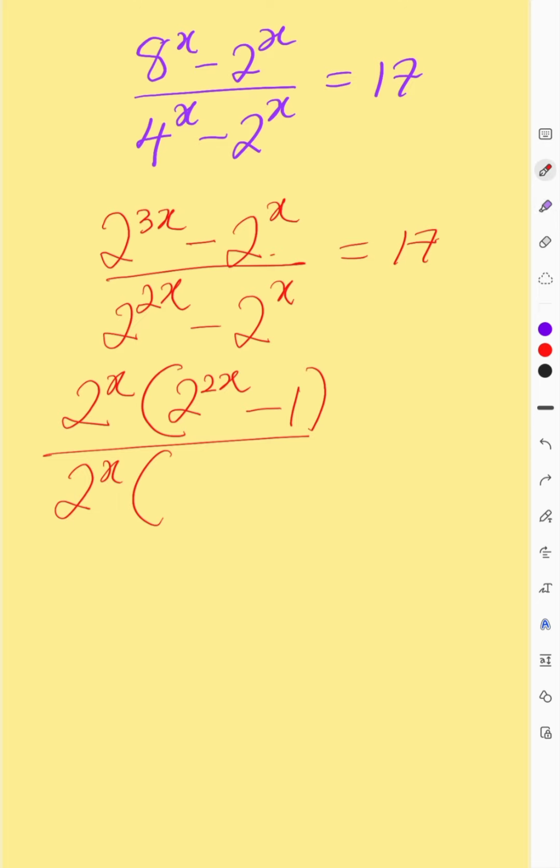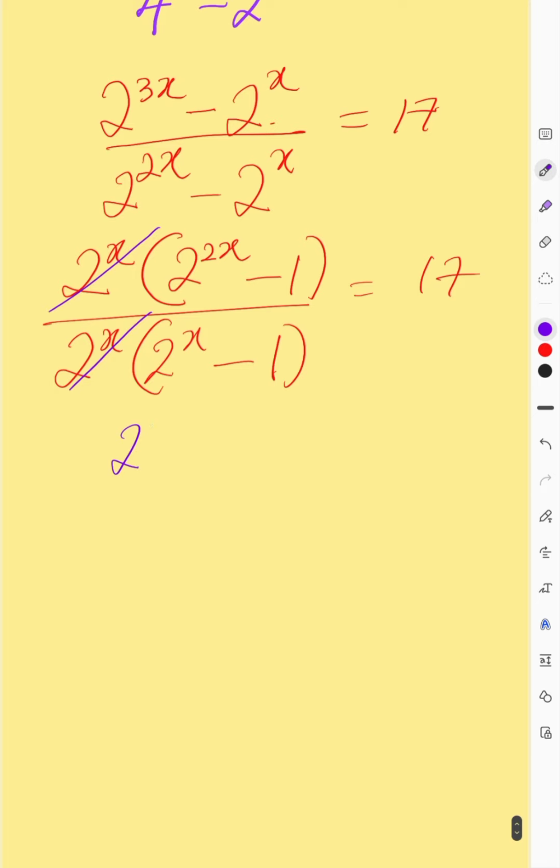So we shall now write 2 to the power of x, because if you add their powers, you get 2 to the power of 2x minus 2 to the power of x divided by 2 to the power of x will give us 1. Everything equal to 17. Without wasting time, you can cancel out this. Since it is common, you are now having 2 to the power of 2x minus 1 over 2 to the power of x minus 1 equal to 17.